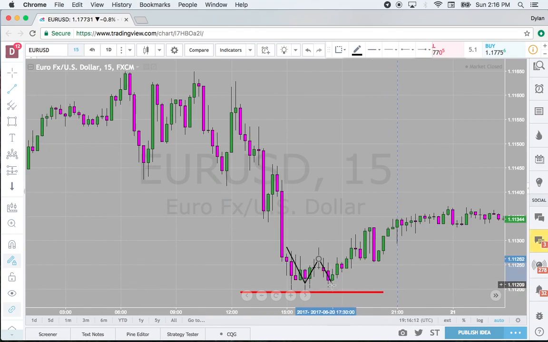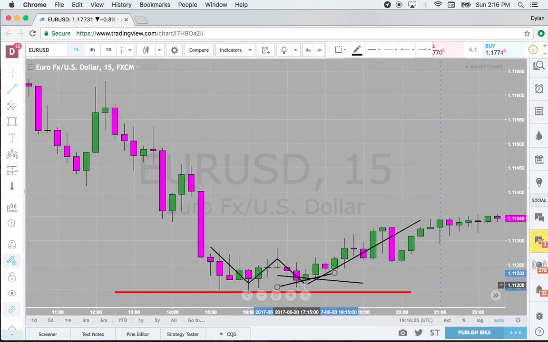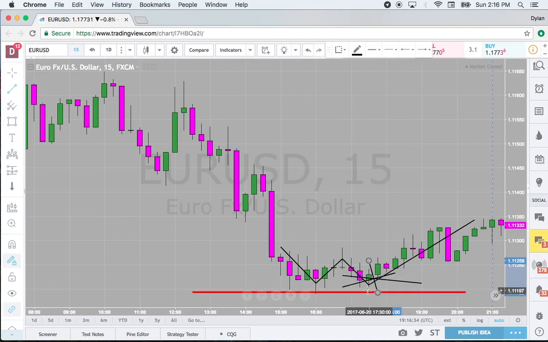That W formation, you catch the second leg off of this low right here, using the railroad track as a confirmation. You buy right here, after this second leg, or you catch the lowest point here.